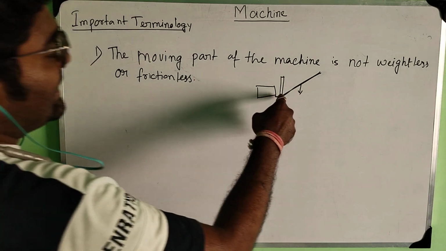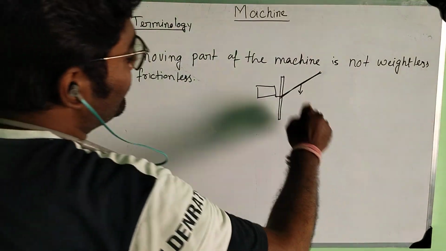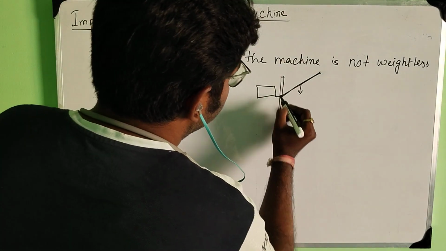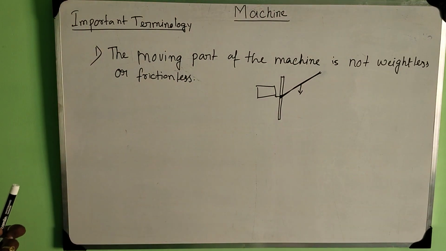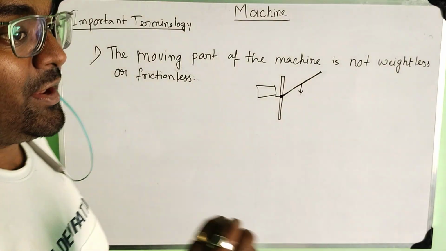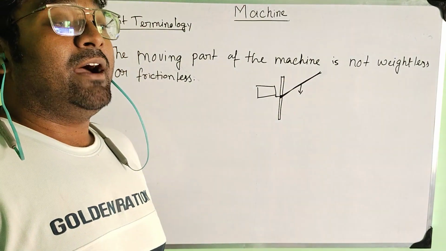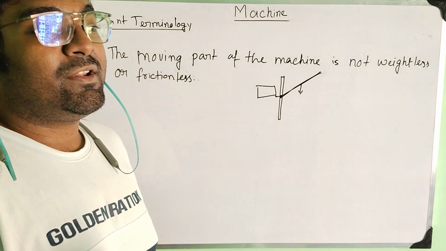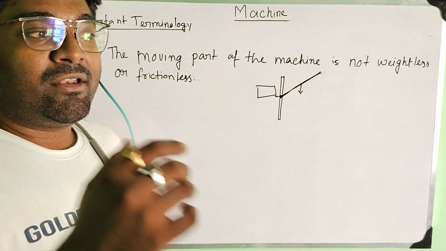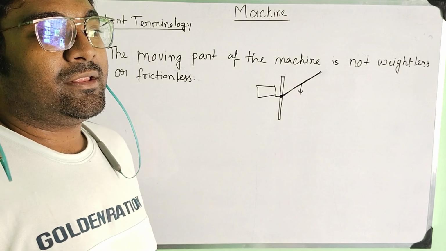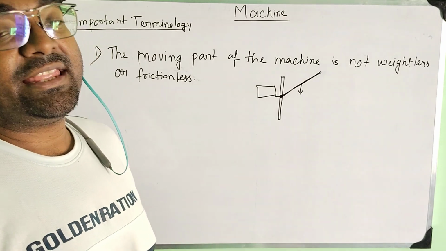And again, there is some friction when it is moving. Due to this friction also, the energy is lost. A very convenient, very useful example is this: suppose you are driving a car. After a long time driving, the car engine gets heated. Why?